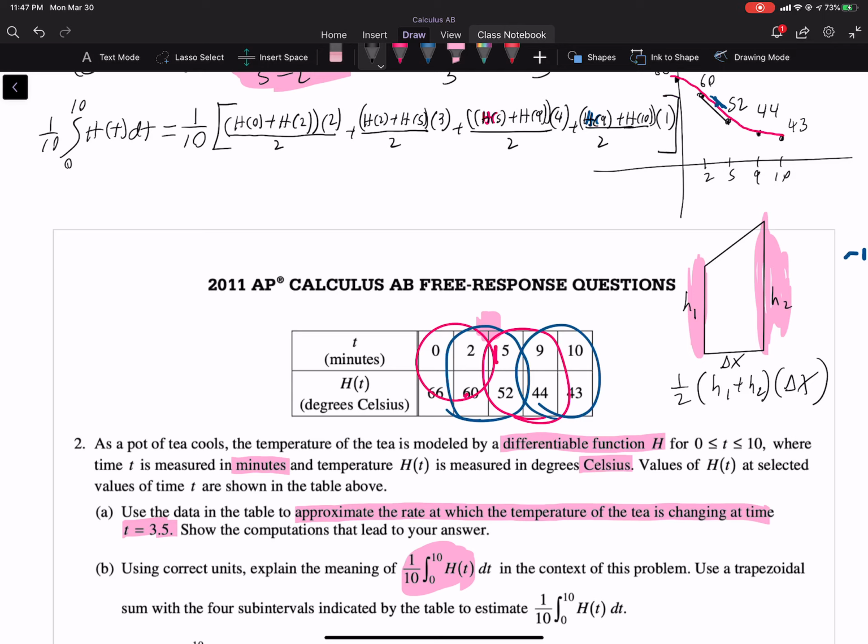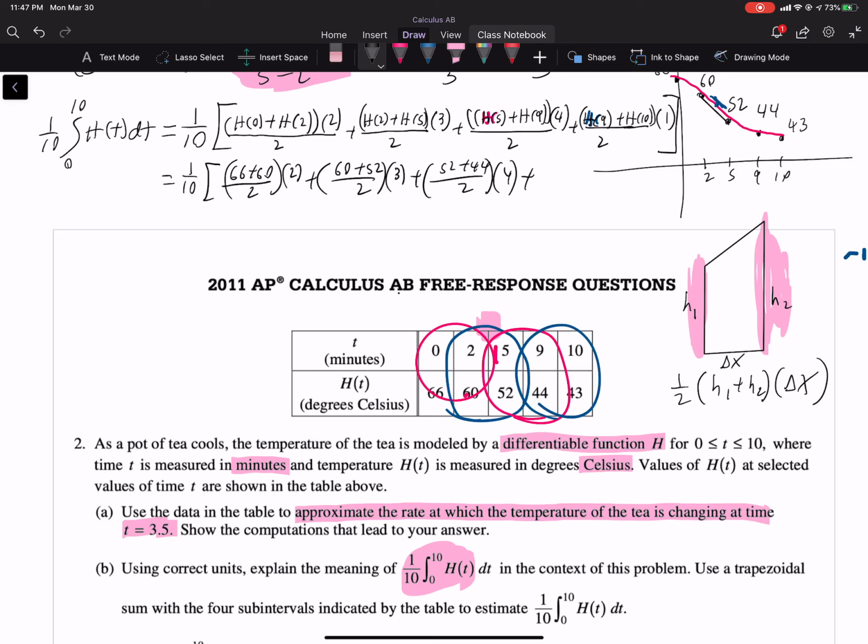So now I have to plug in the actual values. So it's going to be 66 and 60 over 2, and the width is 2. And the next two are going to be 60 and 52, and the width is 3. The next will be 52 and 44, and the width of that's 4.